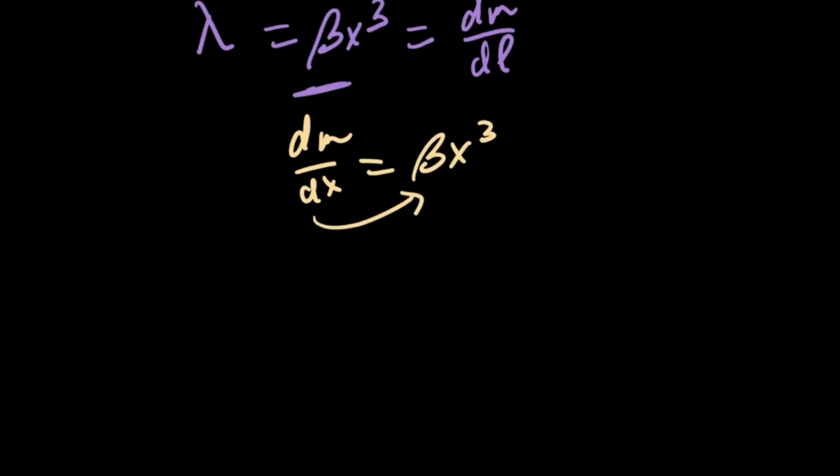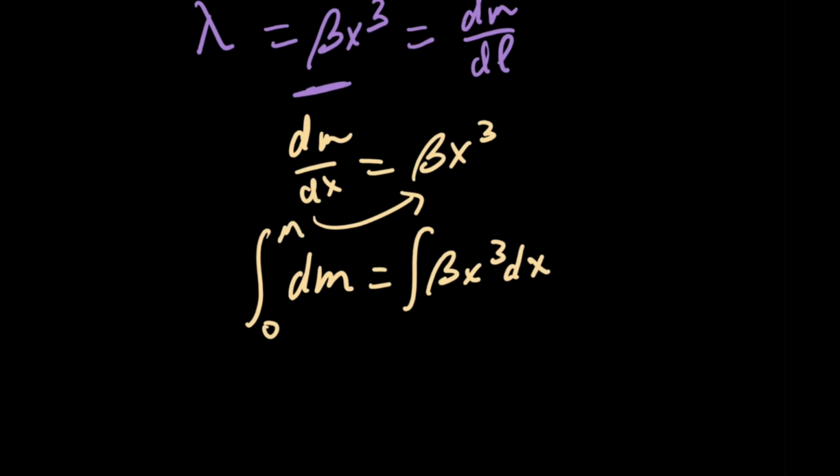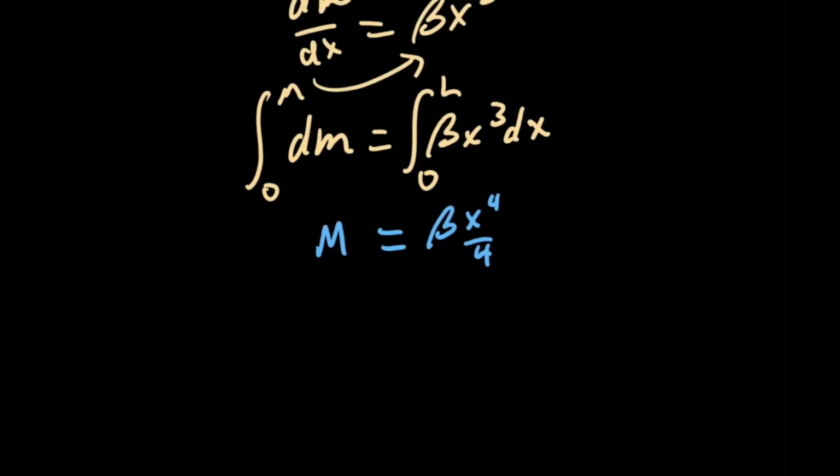If we put this dx over here, we get dm is equal to beta x cubed dx. Then take the integral of each of these, from 0 to m over here, and 0 to L over here. What I'm going to get is that m is equal to beta x to the 4th over 4. Simple integral.